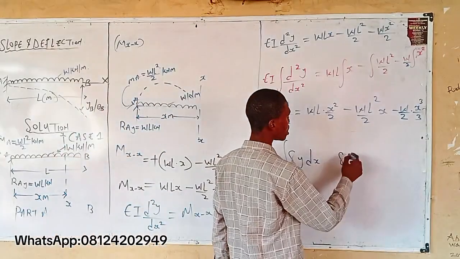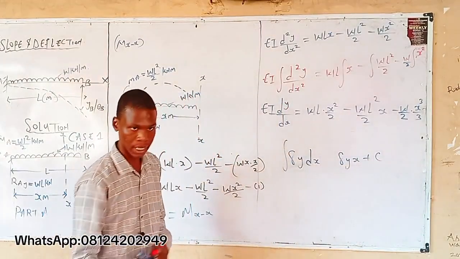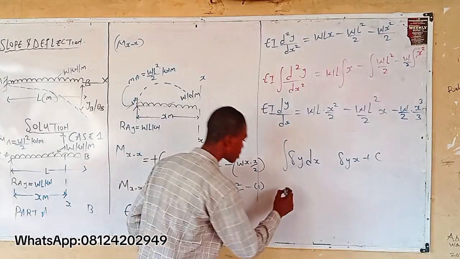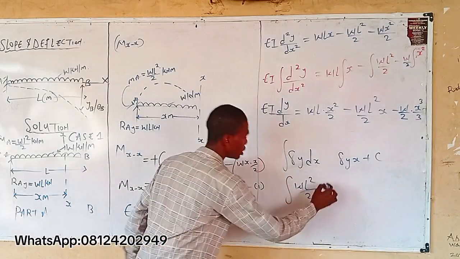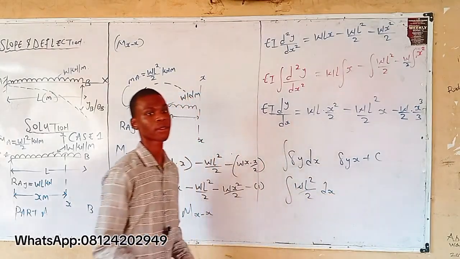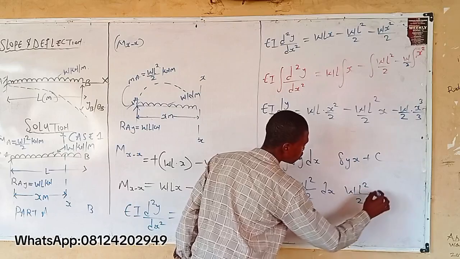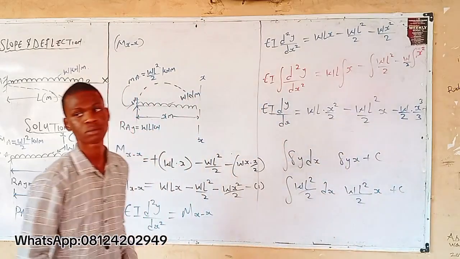It is hx plus c. Now use that same idea. Integrate this, WL squared over 2 dx. What will be your answer? WL squared over 2 x plus c. So that's what we did here.